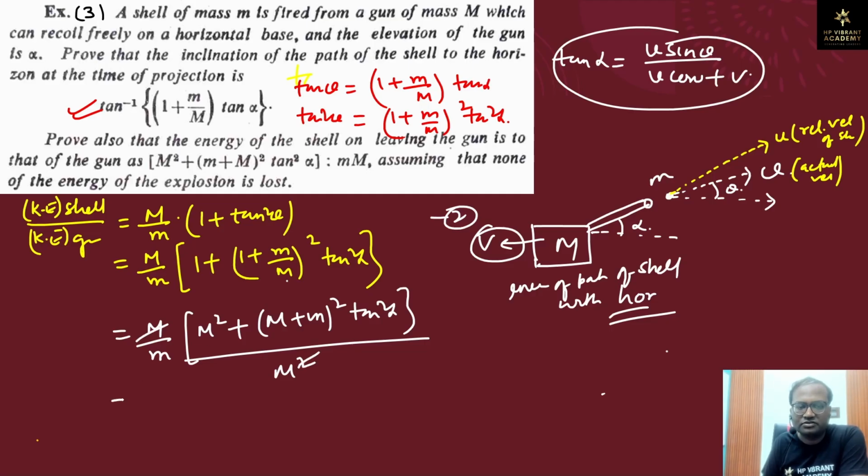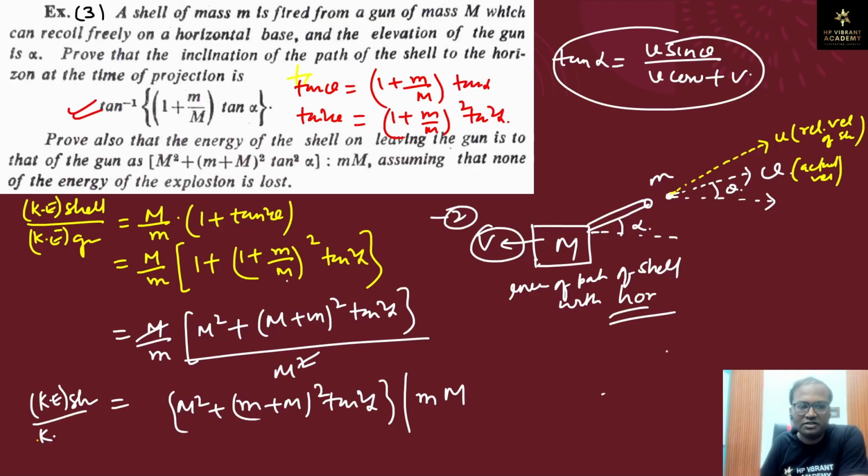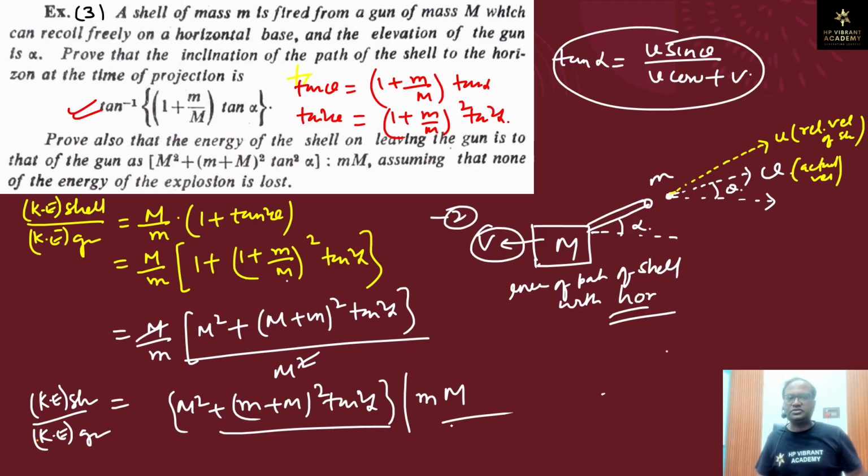This gets cancelled. So we have capital M square plus capital M plus small m whole square tan square alpha upon small m capital M. So we have kinetic energy of shell upon kinetic energy of gun is equal to this ratio. This we had to prove. We will discuss further questions in the next lecture. Thank you.